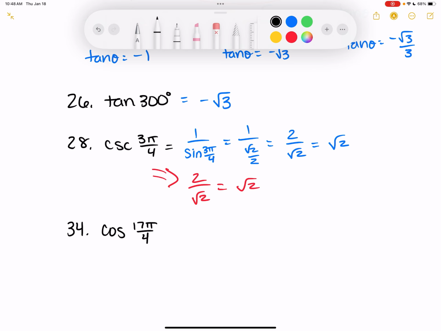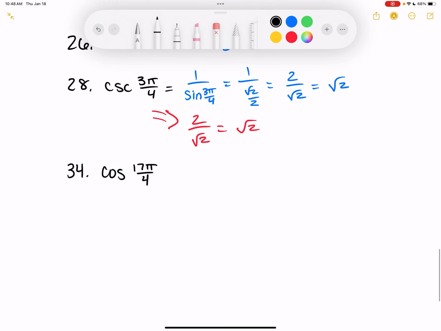Or you can take your unit circle if you don't want to find a coterminal, and we can count it out. So 1 pi over 4, 2 pi over 4, 3 pi over 4, and so on, up to 16 pi over 4, 17 pi over 4, and you would look at it the same way as pi over 4.